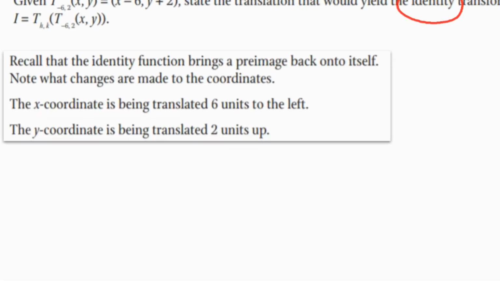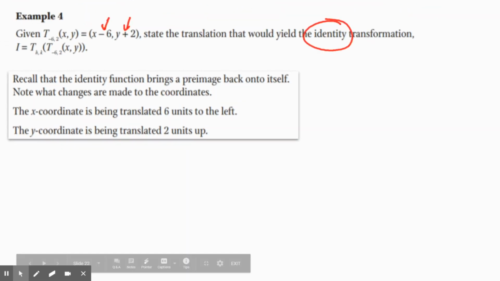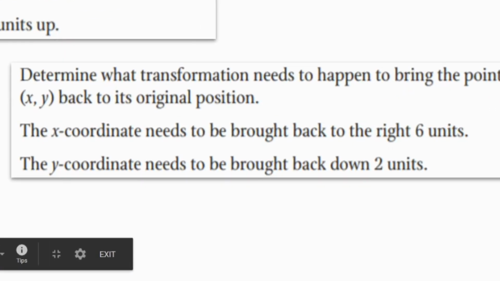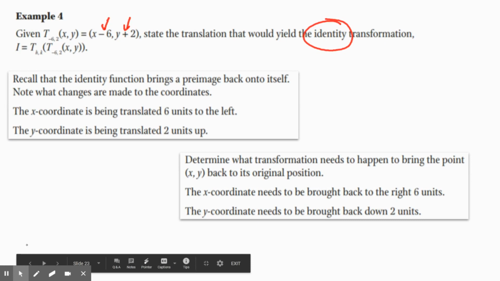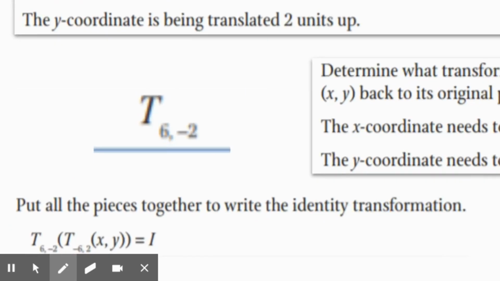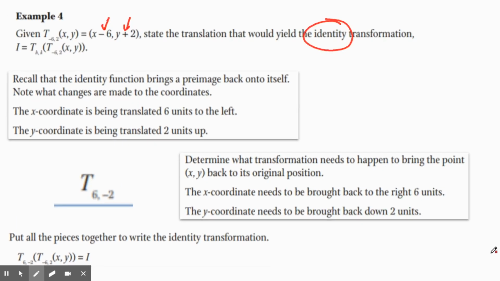If we are translating something 6 units to the left and up 2 units, wouldn't it make sense to move it back to where it started? We should be moving it to the right 6 units and then down 2 units. So again, we're just kind of undoing what we did. And there's your final answer for the identity transformation.